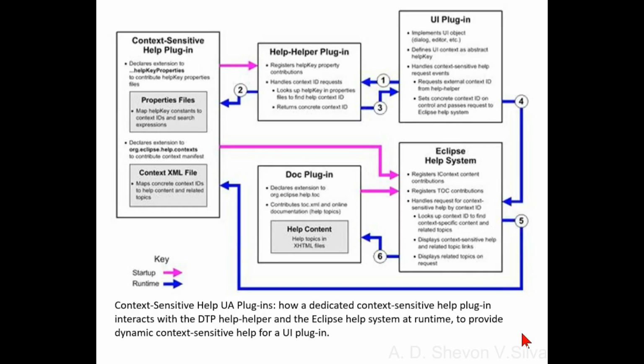Here you can see some context-sensitive help UA plugins in Data Tools platform plugin development, and how a dedicated context-sensitive help plugin interacts with the DTP helper and the Eclipse help system at runtime to provide dynamic context-sensitive help for a UI plugin.